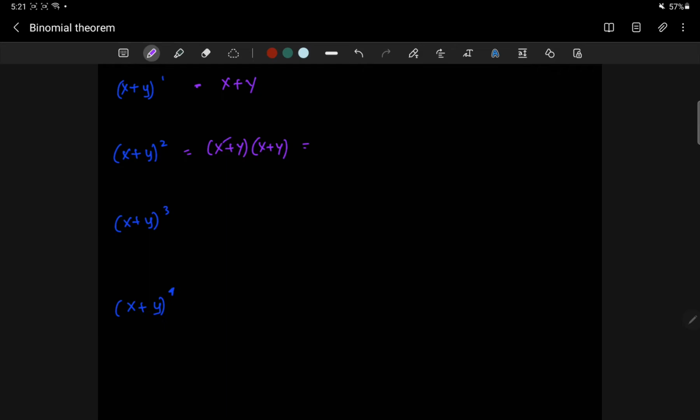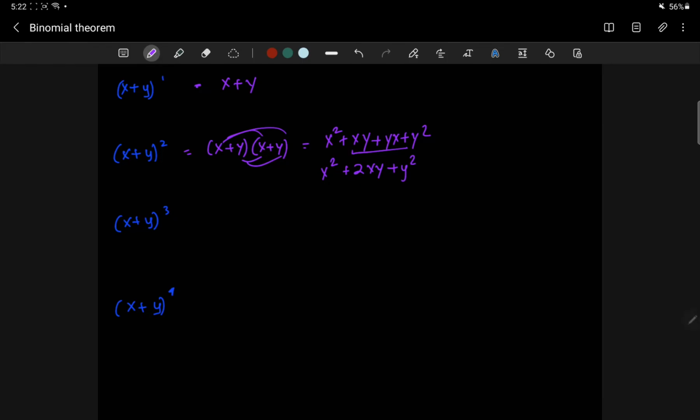Which when you FOIL becomes x squared plus xy plus yx plus y squared, and this is just x squared plus 2xy plus y squared. This is a familiar result because we did this in factoring, in the reverse direction. You have this identity for x plus or minus y squared.